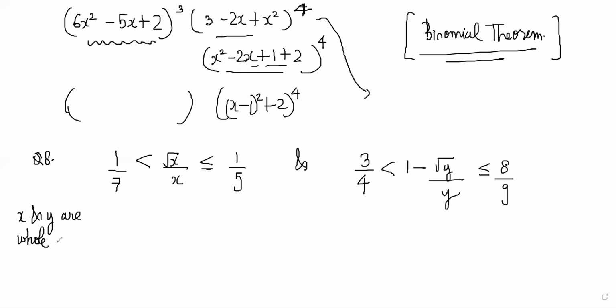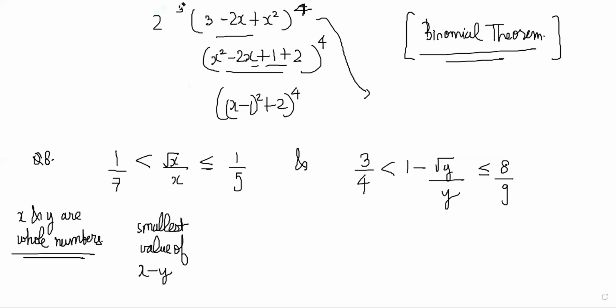Whole numbers basically means natural numbers including 0. But 0 here is not possible, you can't divide by 0. So we have to find the smallest possible value of x minus y.